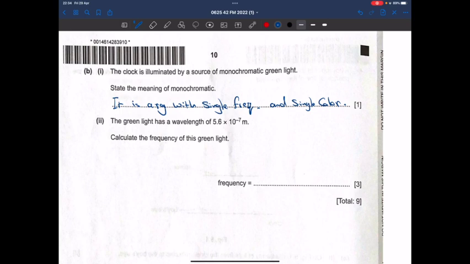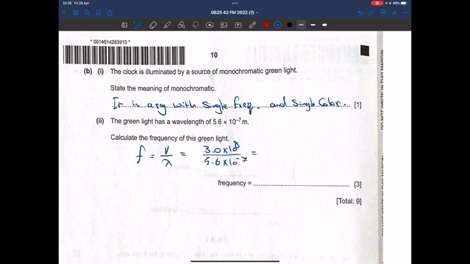The green light has a wavelength of 5.6 times 10 power negative 7 meter. Calculate the frequency of the green light. You know, frequency equals velocity divided by the wavelength. And I got 1 mark for the law. The velocity is supposed to be 3.0 times 10 power 8, then divided by the wavelength, which is 5.6 times 10 power negative 7.